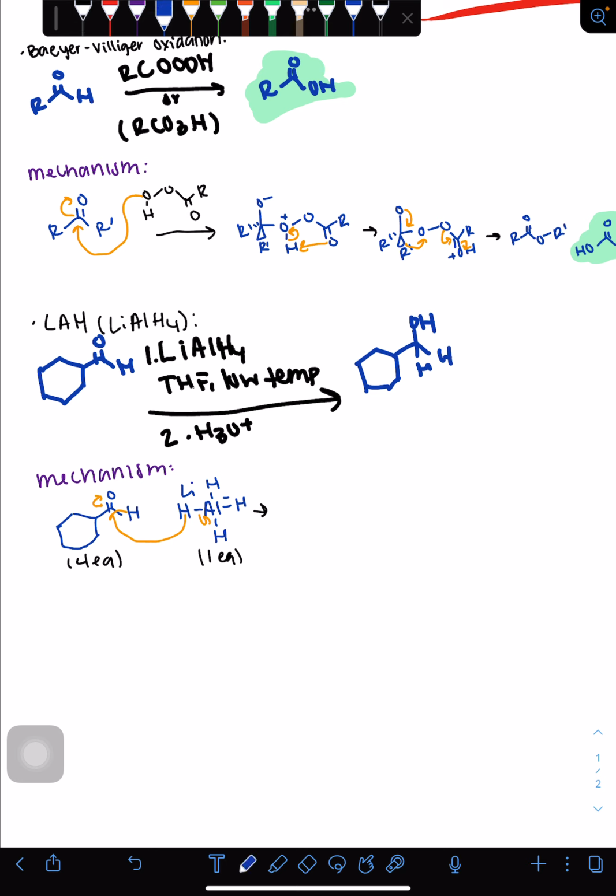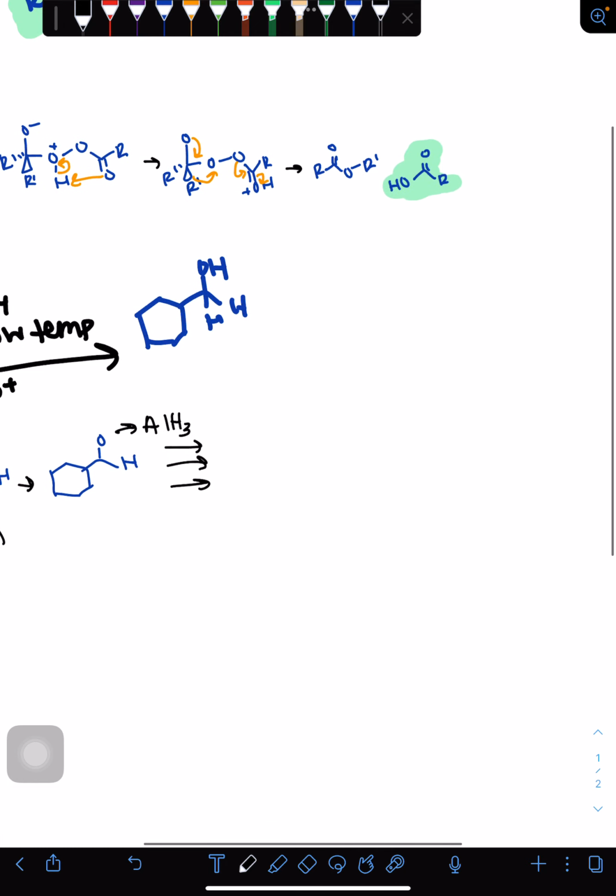Which would give us this, and then the oxygen is going to attack the aluminum with H3, and then we're just going to redraw it for it to look better.